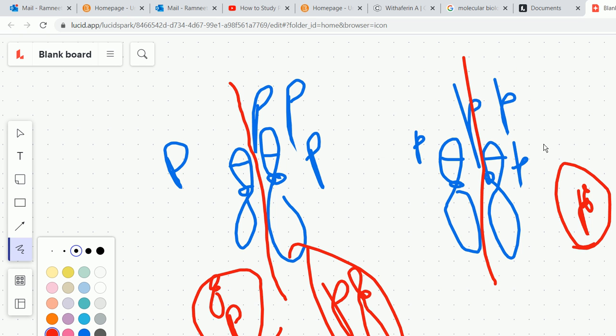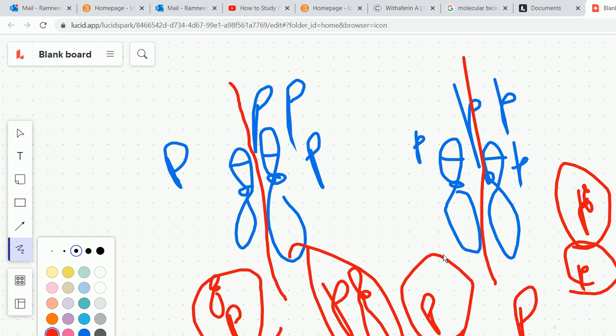Okay, so this parent will form gametes which are capital P, and this parent will form gametes which are small p. And these gametes fuse with each other, and the next generation, which is going to be the F1 generation, is going to form offspring which will be capital P and small p. So the genotype is capital P and small p, the phenotype will be purple.